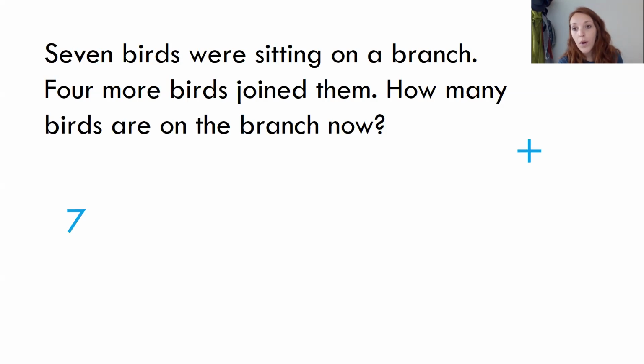But before we put our 4, what do we have to put? Because we're joining the birds. What symbol shows us how to join? Plus. So we moved our plus over here. 7 birds plus how many more birds? 4. 7 plus 4 birds equals what? Now it's time to solve. Our number sentence that goes with our word problem is 7 plus 4.